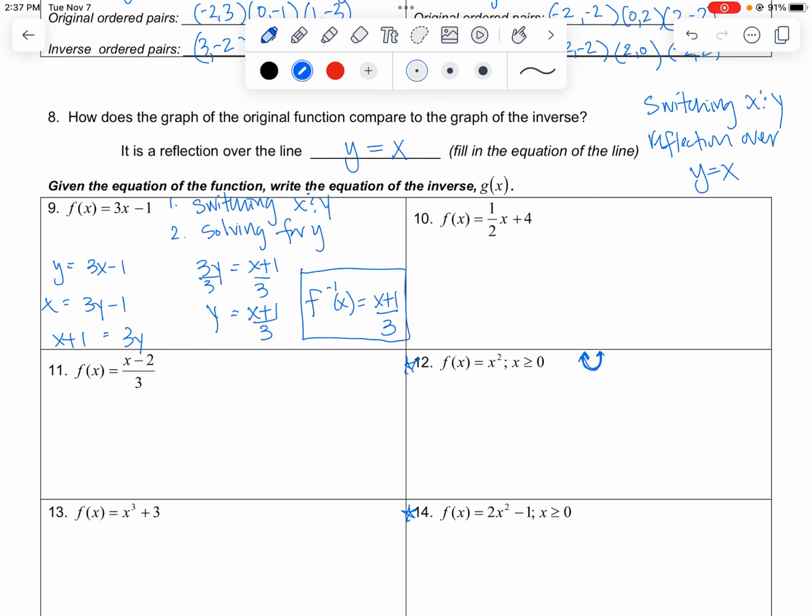So I have to make a domain restriction here so that when I do find the inverse, it will be a function. So I just have to eliminate, in other words, half of those x values. I'm going to only look at all x is greater than 0, which doesn't affect the process you're about to do to find the equation of the inverse. It just affects how you actually graph the function.